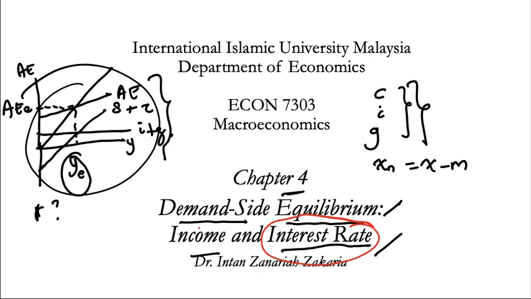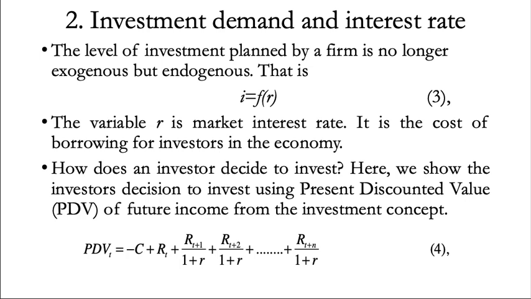All right, now we want to look again at income and interest rate and this demand side equilibrium. So we need to learn the components one by one. Because we want to see the change in income and also interest rate, we need to know which bit of the demand side interest rate can affect.